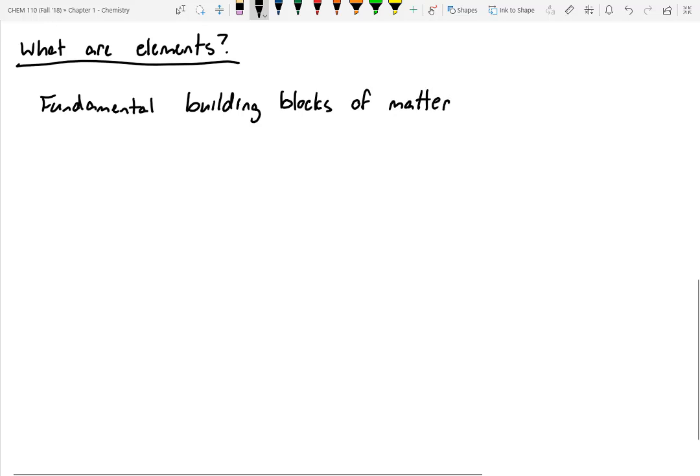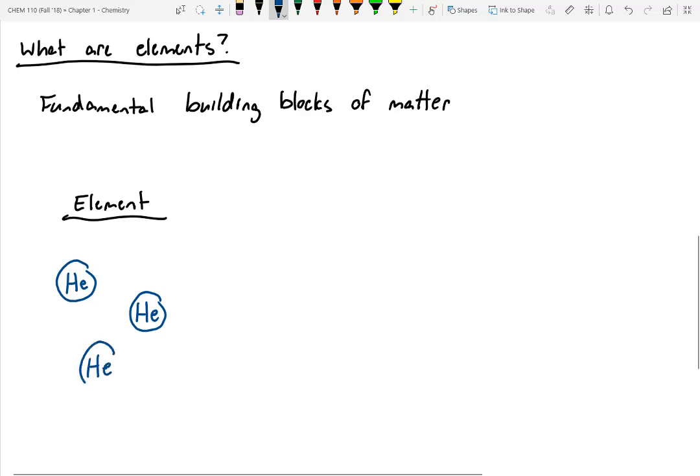They're, as one student said, like the Lego pieces that build things. Okay, so if we think about an element, it is going to be just one thing from the periodic table. So for example, we said yesterday you could have a bunch of helium atoms floating around, and we like to use the symbols rather than writing out the full name. So a helium balloon could just be a bunch of helium atoms floating around in space.